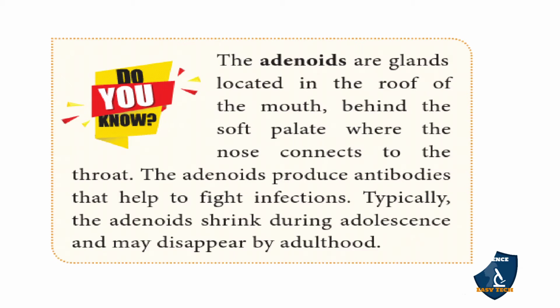So adenoids are located in the roof of the mouth, behind the soft palate, where the nose is connected to the throat. Adenoids also produce antibodies to fight against infections. They shrink in the adolescent stage, and in adulthood they disappear.